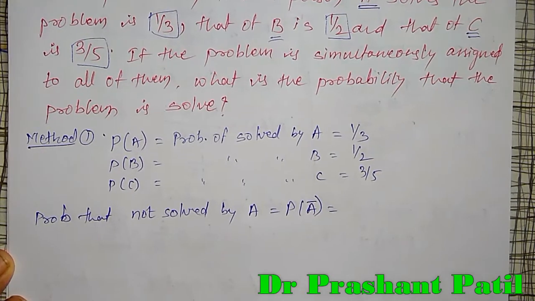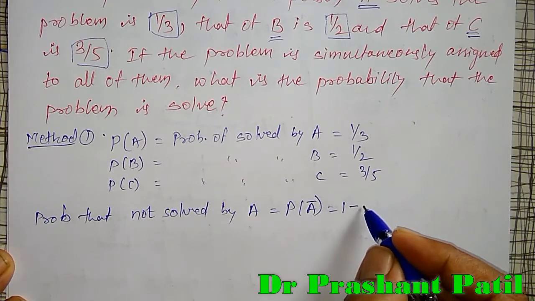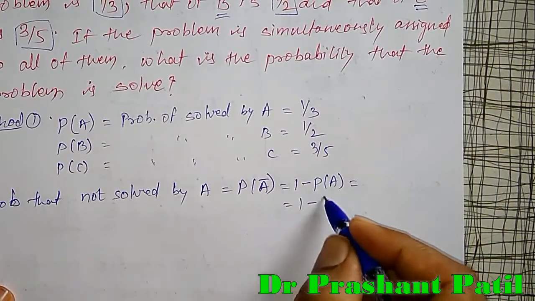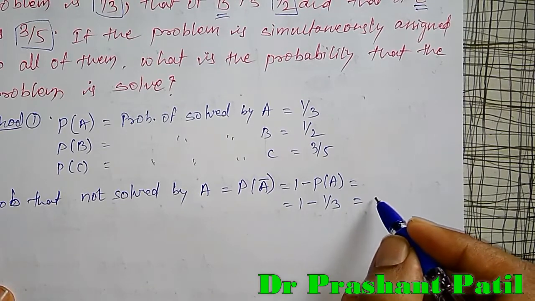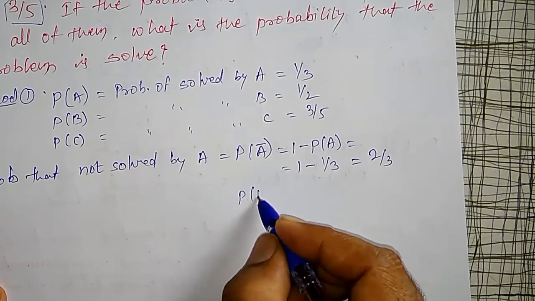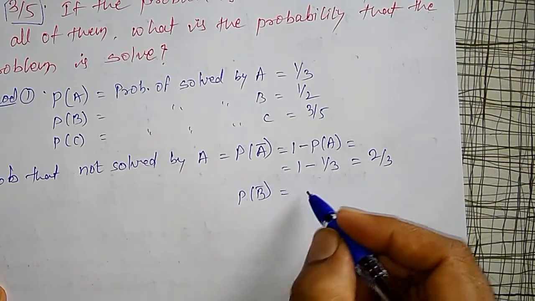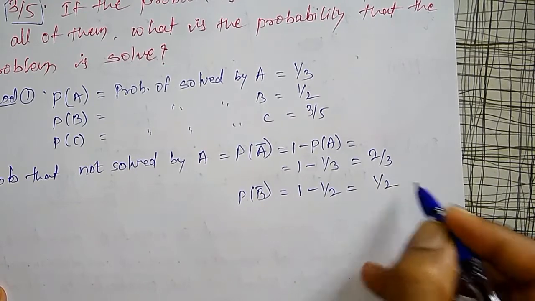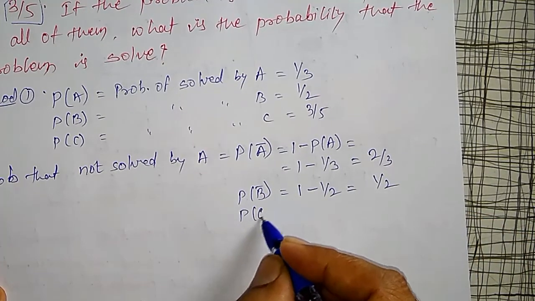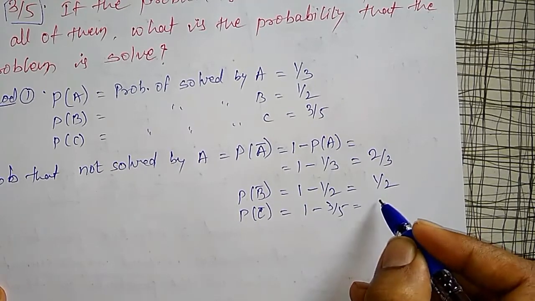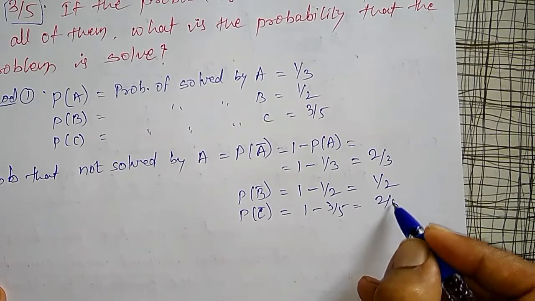Already we know this, that is equal to 1 minus probability of A. Okay, 1 minus 1 by 3 is equal to 2 by 3. Similarly, probability of B bar, not solved by B, is 1 minus 1 by 2, is 1 by 2. Probability of C bar is equal to 1 minus 3 by 5, that is 2 by 5.